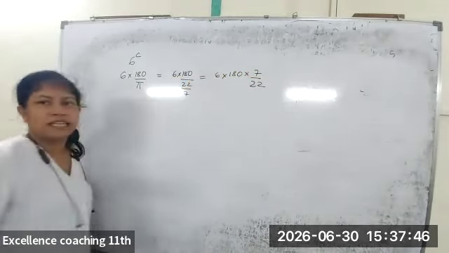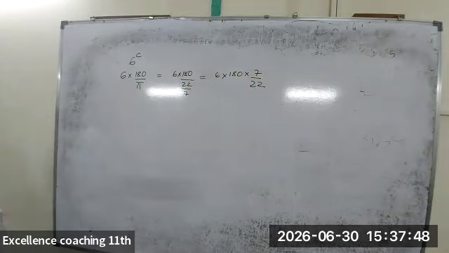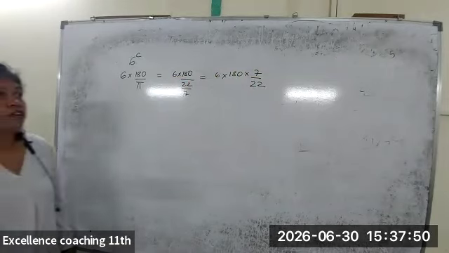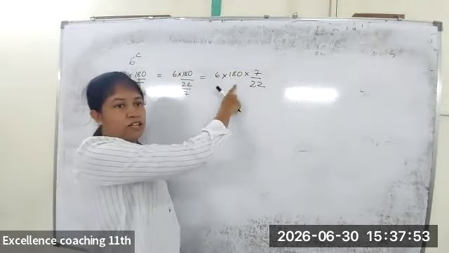Now cancel if something is getting cancelled. Even if you have multiplied first and written 540, that is also okay.